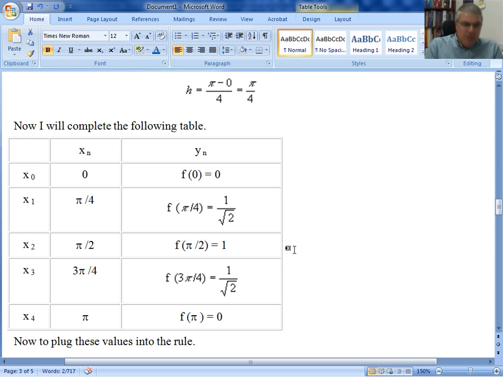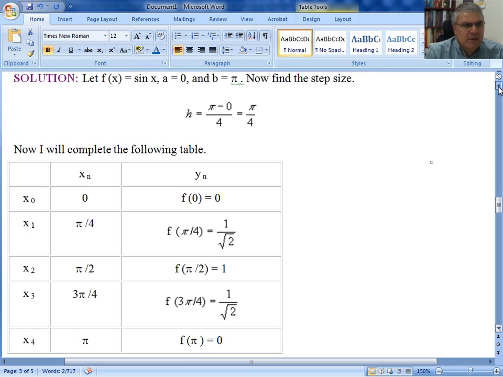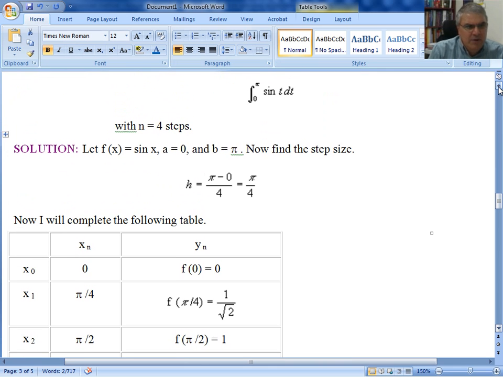We're going to substitute x inside our equation we have here. So for example, since the function is sine of x, if we give x 0, that would be sine of 0, that would be 0. Then pi over 4, sine of pi over 4 would be 1 over square root of 2.